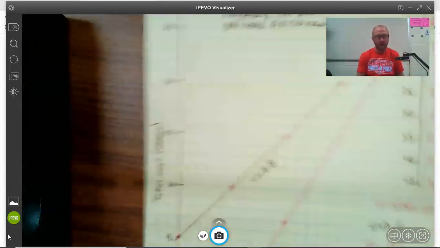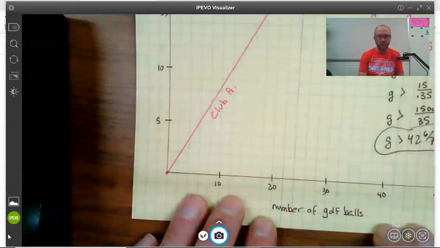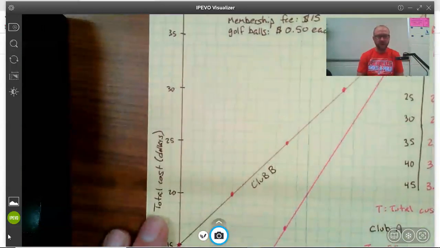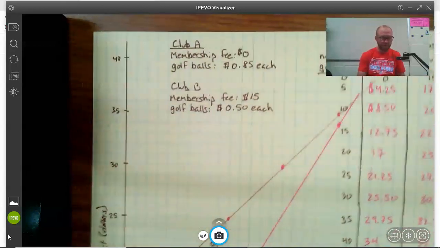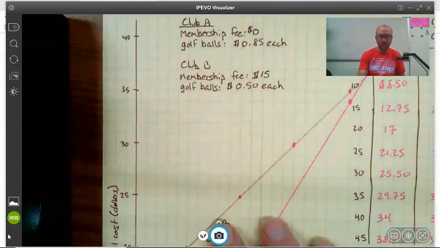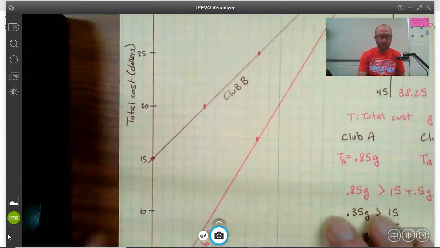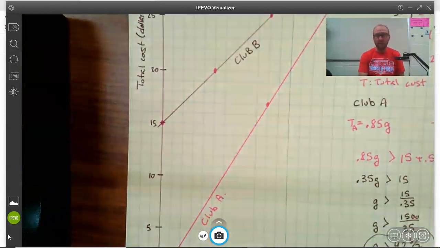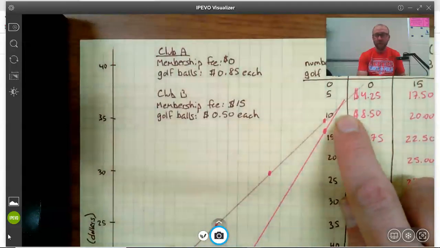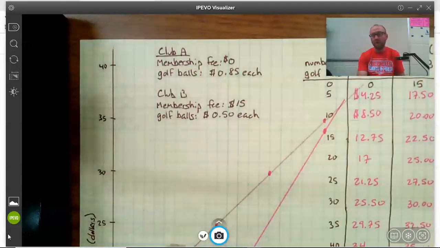I then graphed them with number of golf balls on the x-axis and total cost in dollars on the y-axis. And then I can see that Club B is higher up than Club A for most of the graph, which means that Club B is more expensive. But I can visually see that at some point they cross, and as we continue, Club A will be more.